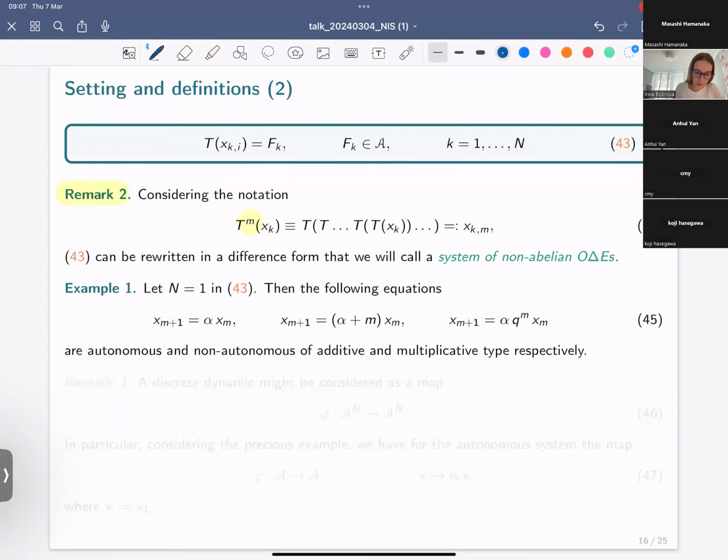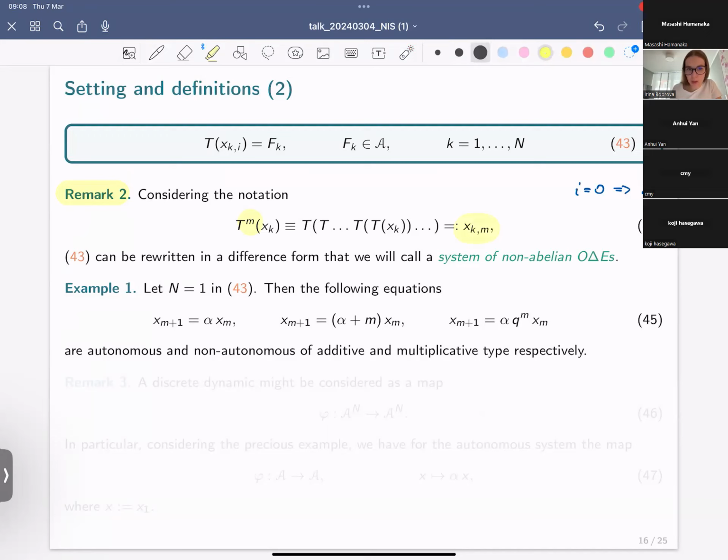Probably I forgot to say that when i is equal to 0, then we have just xk; we will omit the second index of our generator. And when we act m times by this operator T on the generator xk, we denote this action by x k sub m.